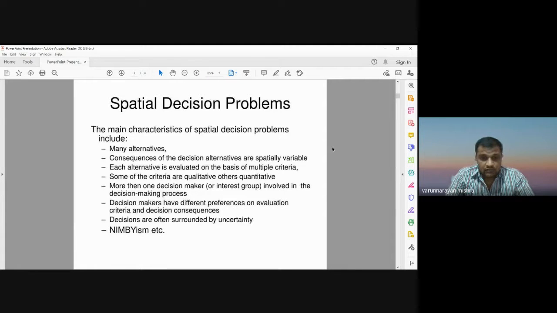Decisions are often surrounded by uncertainty, and we like NIMBYISM. Okay, so this is an example of a spatial decision problem. The main problem is to choose the most optimal alternative, the most appropriate solution to any problem.